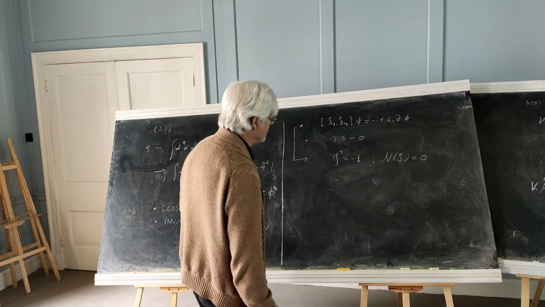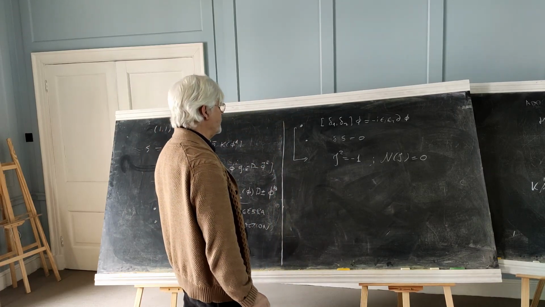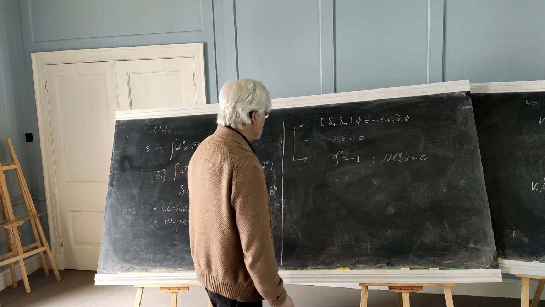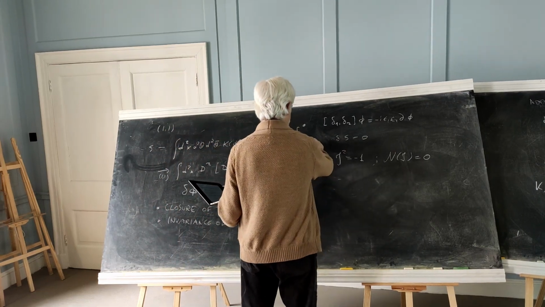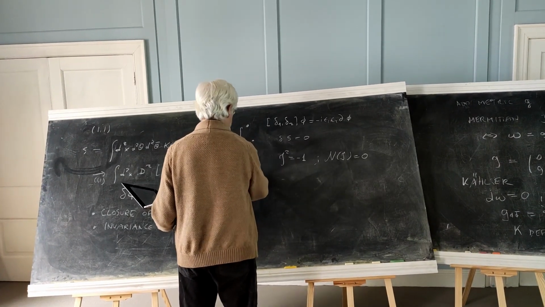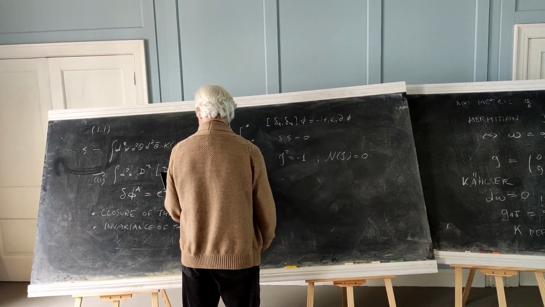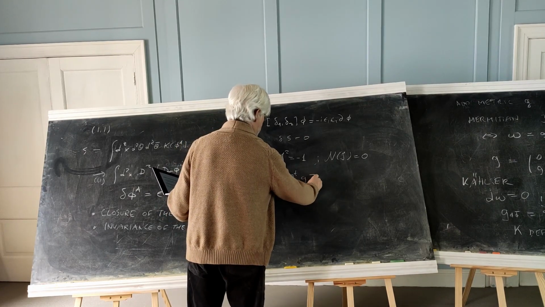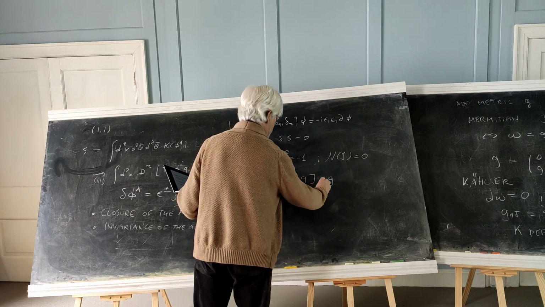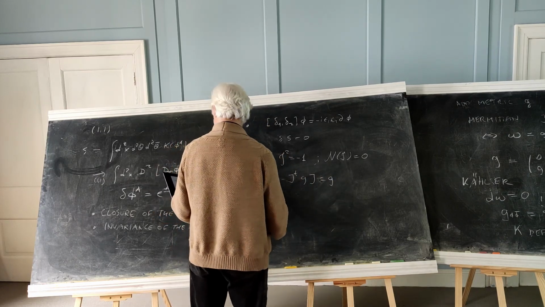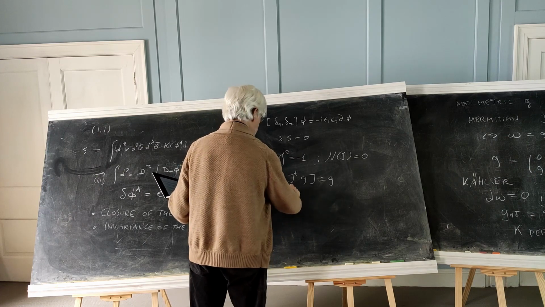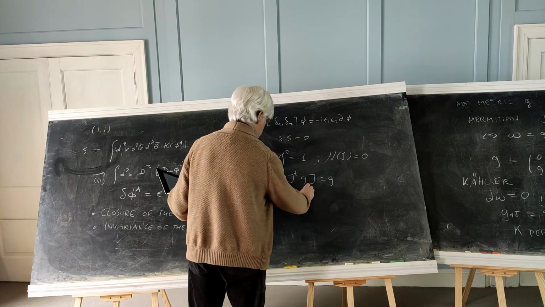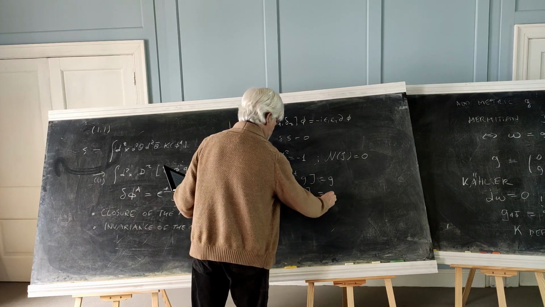the Nijenhuis tensor vanishes. So from the closure of the algebra, we find that J is a complex structure, and from this one we find that J transpose J is G, so the hermiticity condition, and also that the covariant derivative with respect to the Levi-Civita connection is 0.